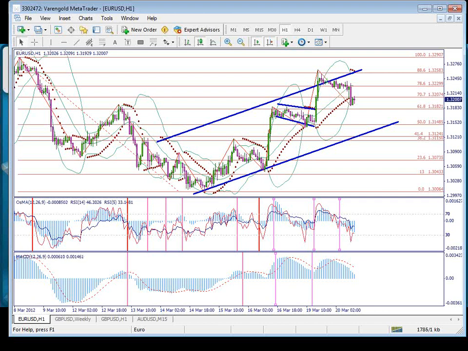You are considering fundamentals when you are trading daily, weekly, bigger than 4-hour time frames. The technical picture is good for smaller time frames. 4-hour and daily are working very well, and 4-hour and smaller time frames.